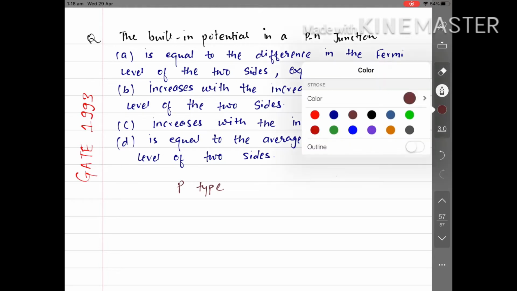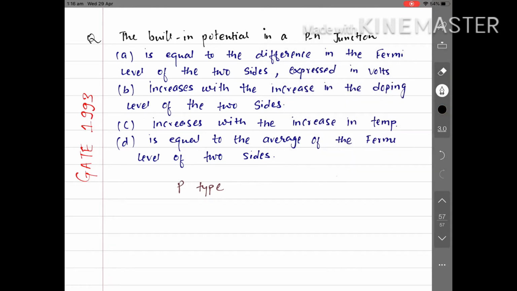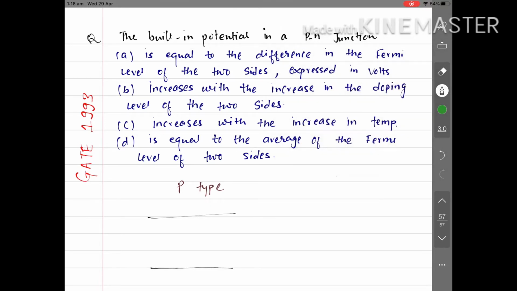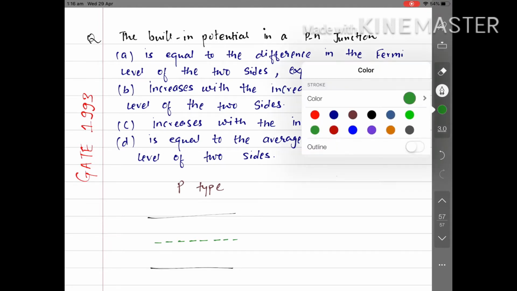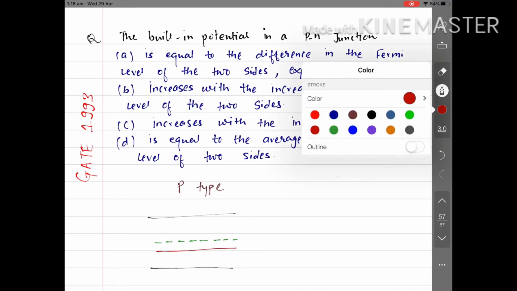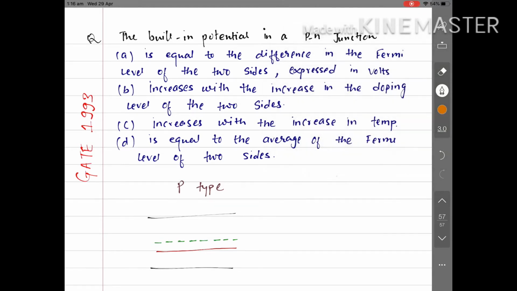So let me choose another color. So you have something like this. Okay, so this is for the p-type.